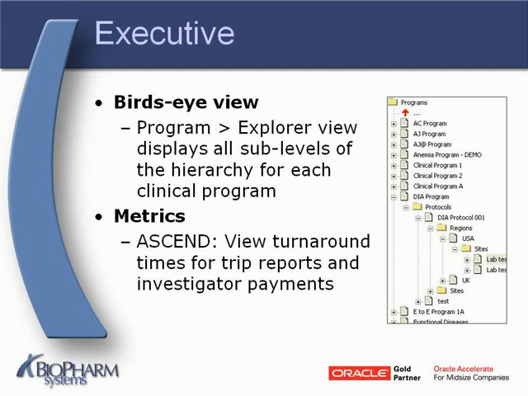And then you can see what that trend is. Is it the same CRA? Is it the same study manager? Is it the same study, for example? So you can really hone in on what's causing that delay and how do we correct it.